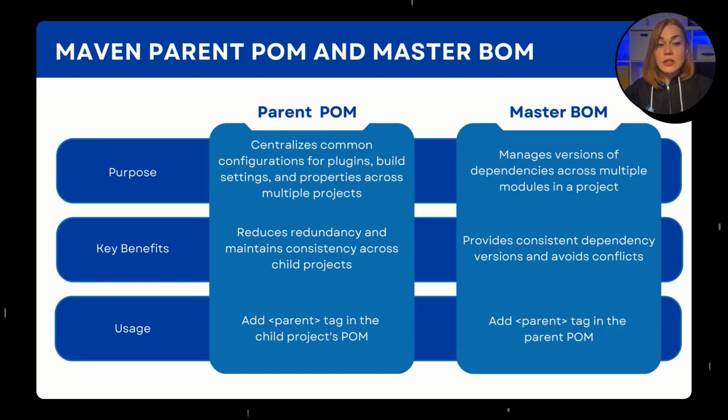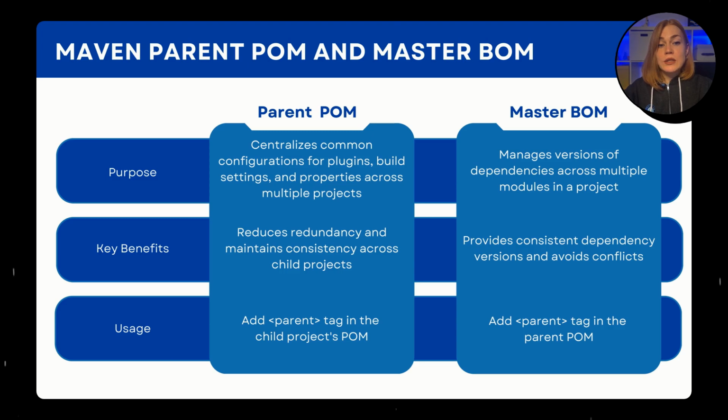Next, let's look at the Master BOM, bill of materials. Purpose: the Master BOM is used to manage the versions of dependencies across multiple modules or projects. It acts as a central reference for dependency versions. Additionally, I didn't mention it on this slide, but you can include plugin versions as well, if you prefer to keep all versioning in the same place. Key benefits: by using a Master BOM, you can maintain consistent dependency versions across all projects, avoiding conflicts and ensuring smooth builds.